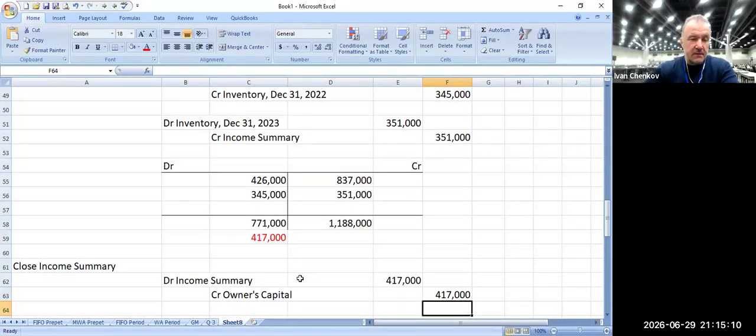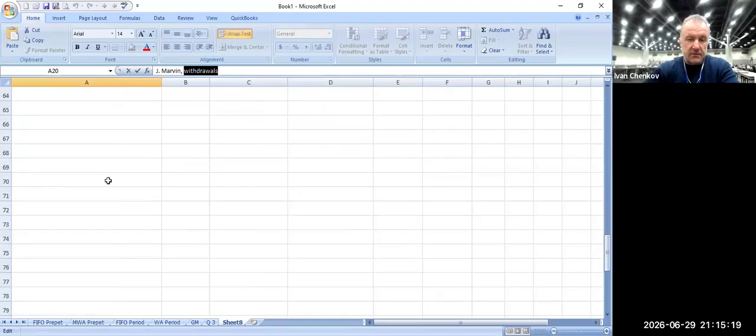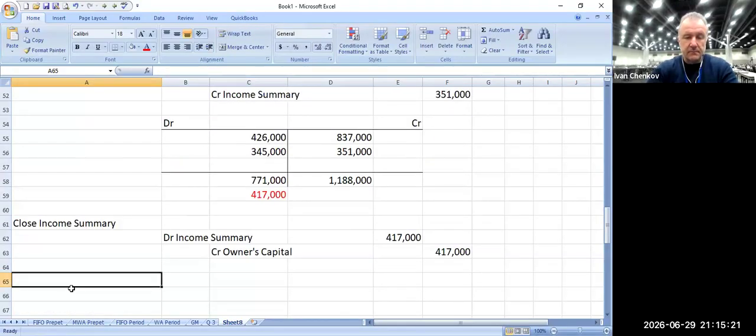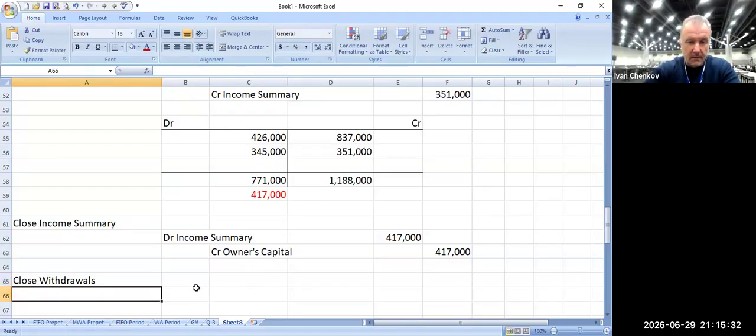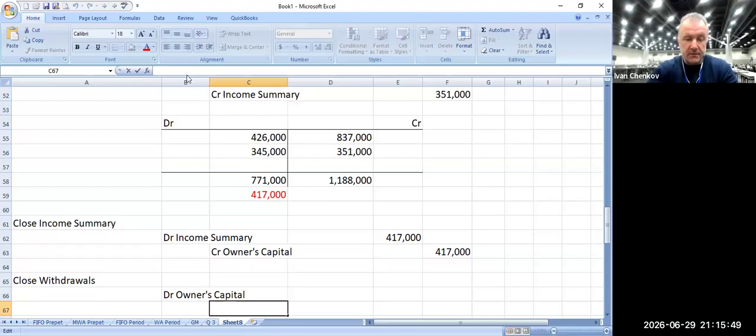And the last thing that's left is to close those withdrawals. Let's close those withdrawals. And that will be debit owner's capital now, and credit owner's withdrawal.